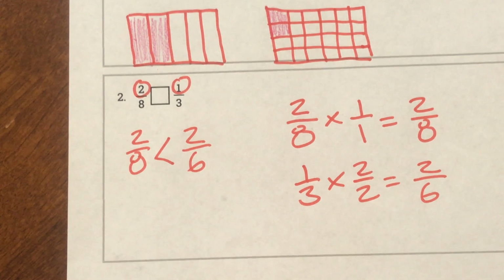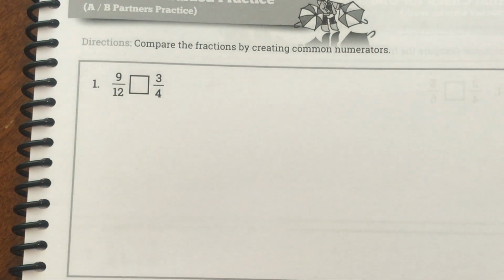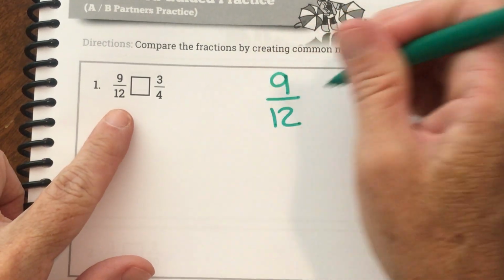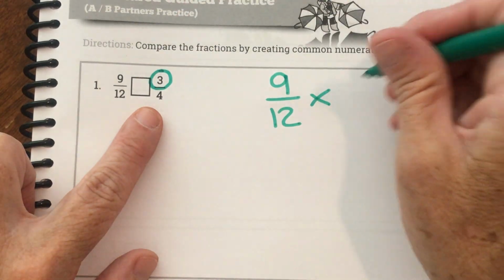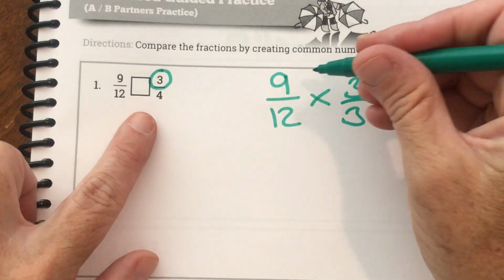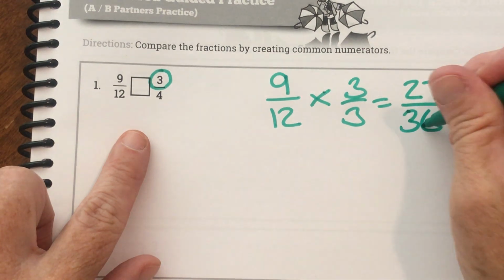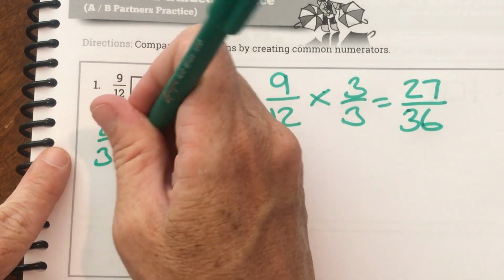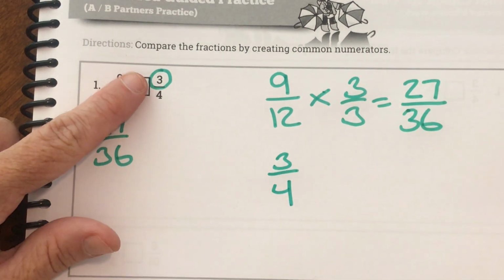Okay, let's try some together. We are on page 52, and here is our first problem together, 9/12 compared to 3/4. We're going to look at 9/12, and we're going to multiply it by a fraction equal to 1 using the opposite numerator. So 3/3. We get 9 times 3 is 27, 12 times 3 is 36. So 9/12 is equivalent to 27/36. Now let's make an equivalent fraction for 3/4.